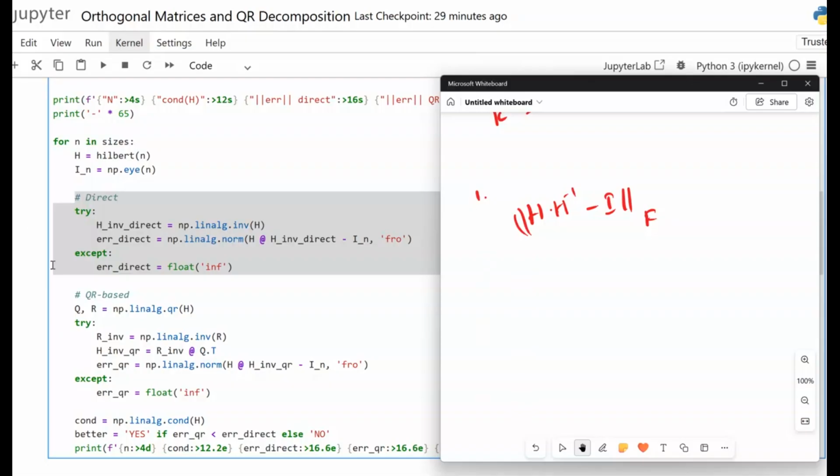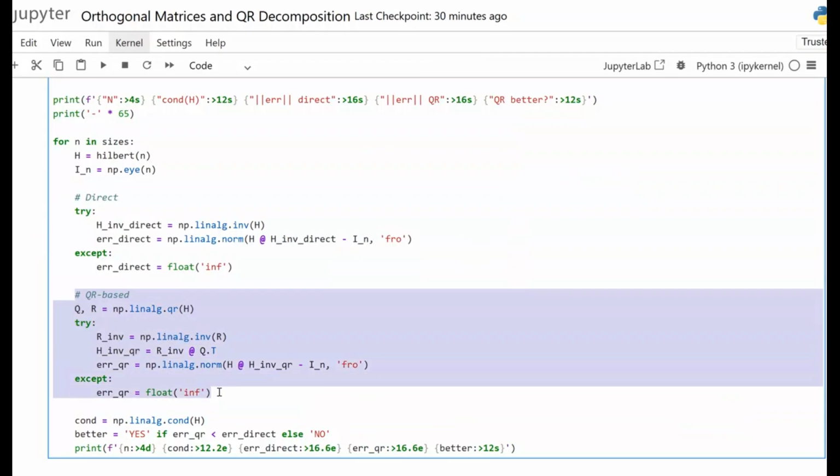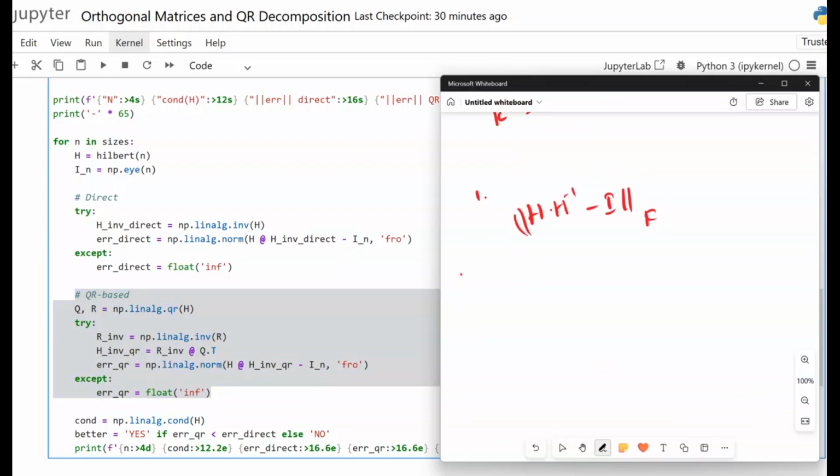And when you're going towards the QR based method, it uses the mathematical functionality H inverse, which is equal to R inverse multiplied by Q transpose. So the error is computed similarly as H multiplied by H sub QR inverse minus identity under Frobenius norm.